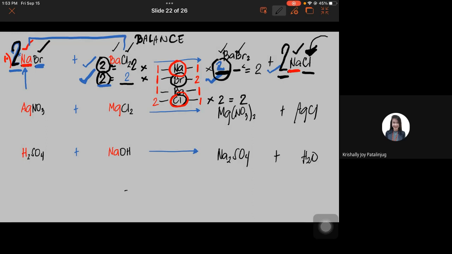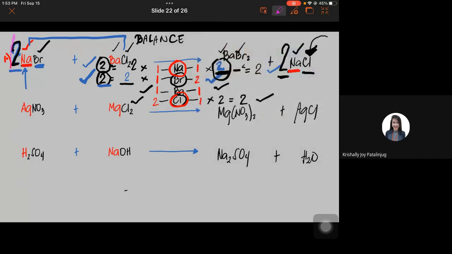That's why this time, my question is, is the chemical equation now balanced? Yes or no? Okay. So it is now balanced. All the atoms at both sides, reactants and product side, equal na yung number. So that's how you balance it.